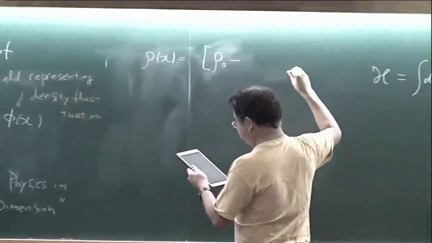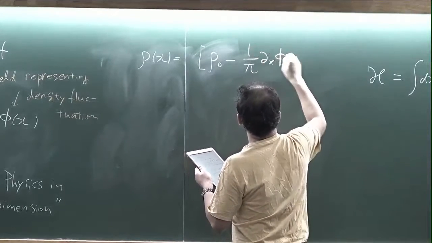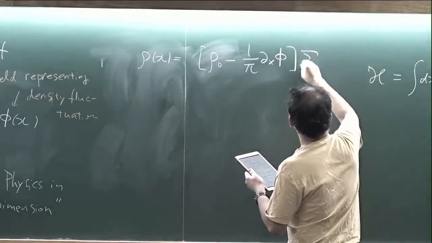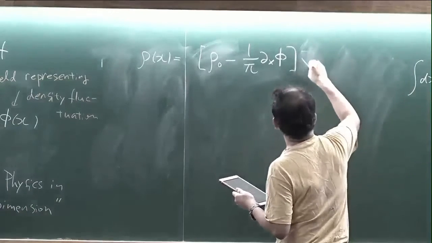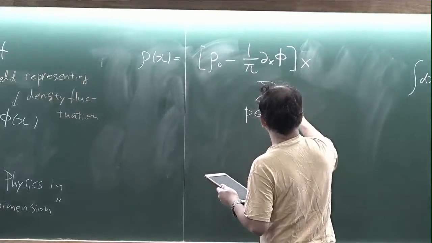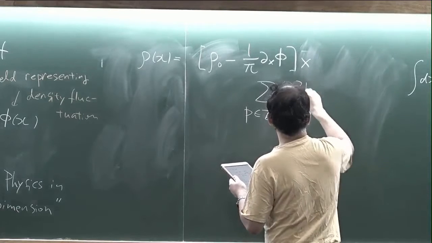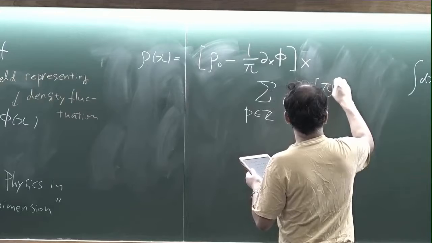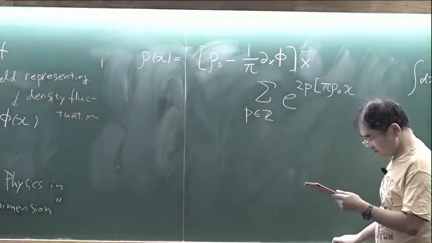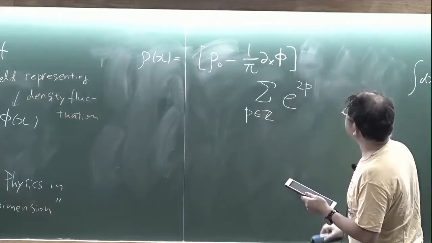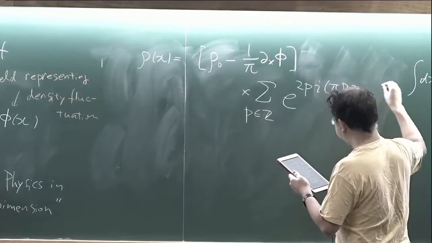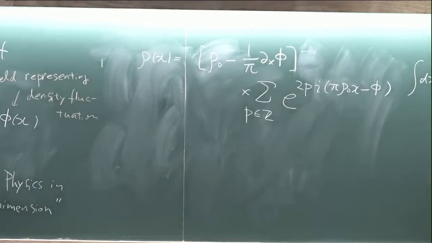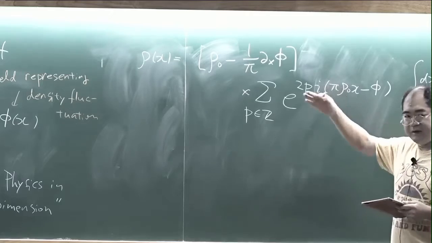So rho 0 minus times. So this is an expression of density of particles in terms of the new field phi. Now, of course, phi depends on space and time.